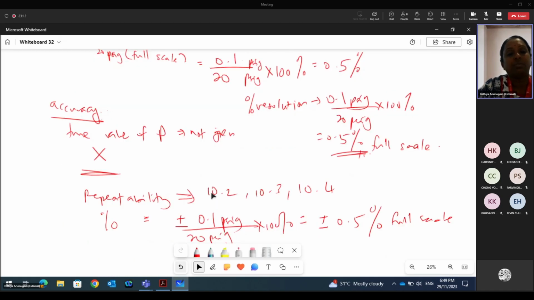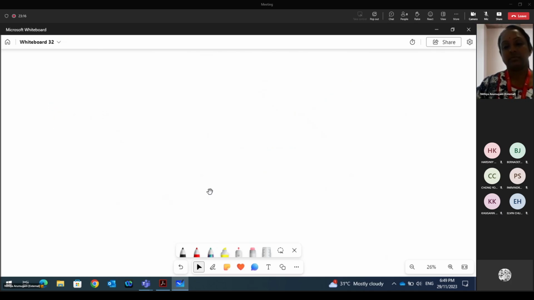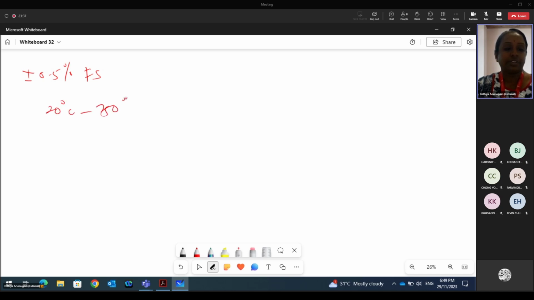So how do we do this with this information? For plus minus 0.5% full scale, for the temperature transducer, the range is from 20 degrees Celsius to 250 degrees Celsius, meaning 250 degrees Celsius is the full scale value.